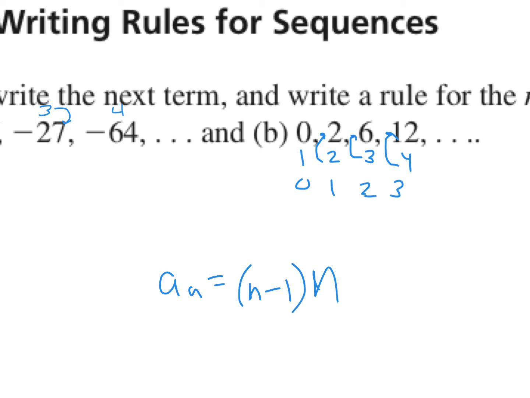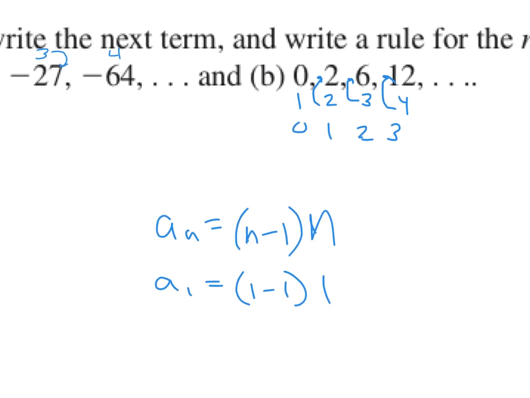And when you come up with the rule, it always helps to plug in like 1, 2, 3, and 4 just to make sure it makes sense. So if we plug in a sub 1, that would be 1 minus 1 times 1. So this would be 0 times 1, which is 0. If we plugged in a sub 2, we get 2 minus 1 times 2, which is 2.